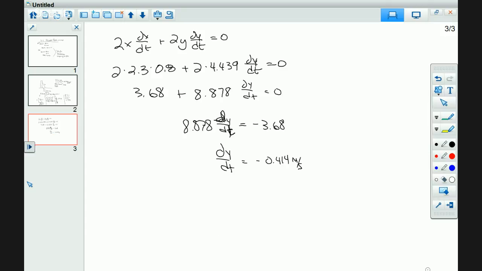This is very, very important that you write these correctly. At time 1, not around. It has to be at, specific. It's an instantaneous rate of change. Okay?